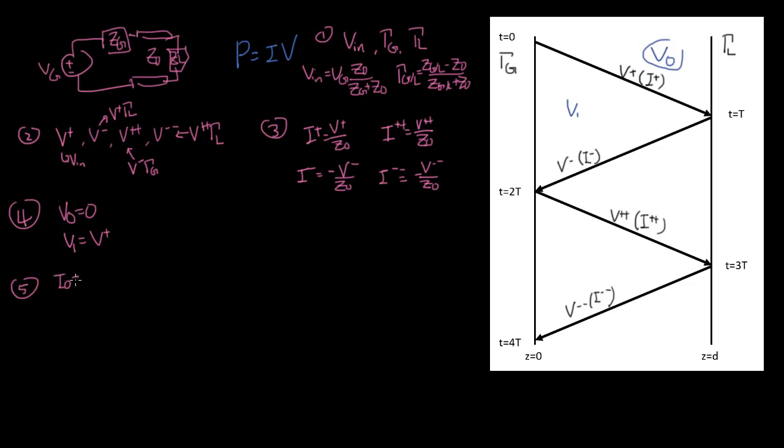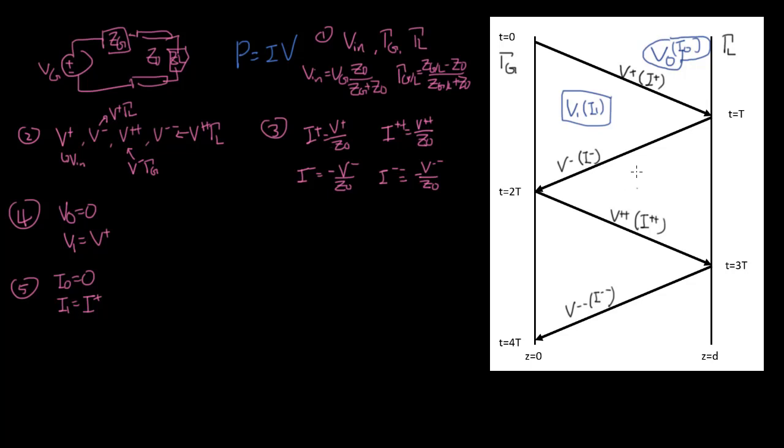I0 is also going to be 0, and then there's a corresponding I1 that's equal to I plus. Then we circle this V1, and it has a corresponding I1. Again, that's equal to V plus and I plus respectively.